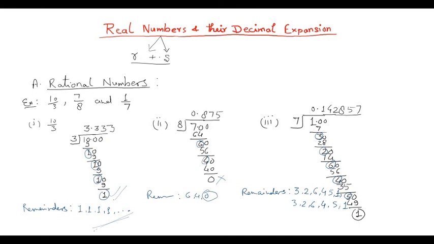So this expansion is referred to as a non-terminating recurring decimal expansion.